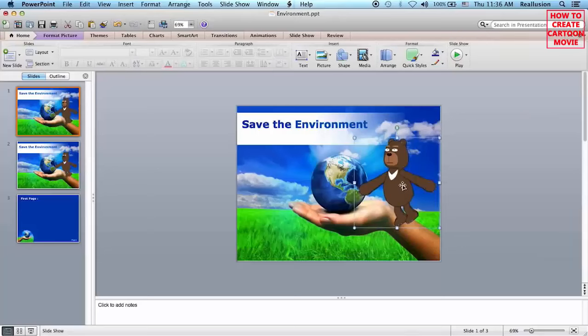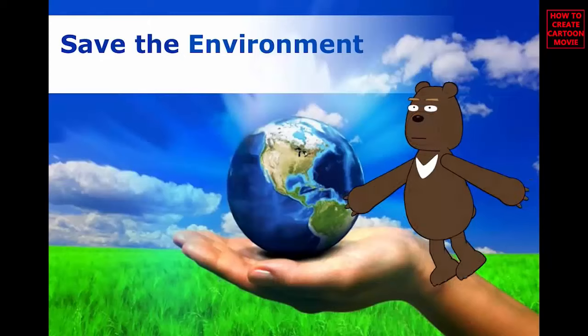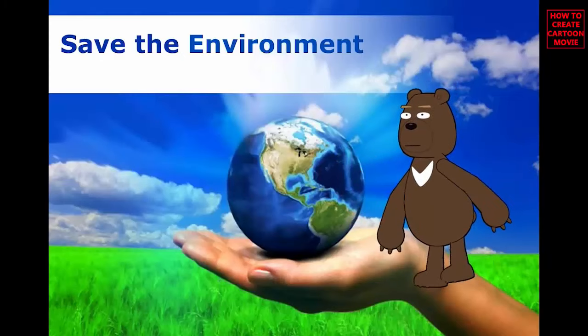So let me Command X to cut that. I'm going to get rid of the original animated GIF, and I'm going to paste back that PNG. So this gives us the illusion that first there's nothing happening, and as soon as I click on the mouse, the second frame will appear with my bear being animated, and then he'll move.